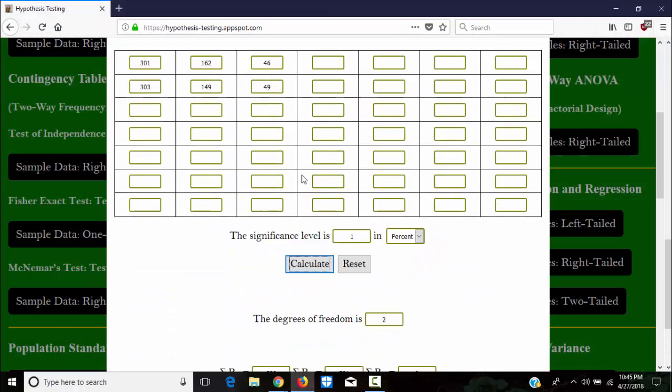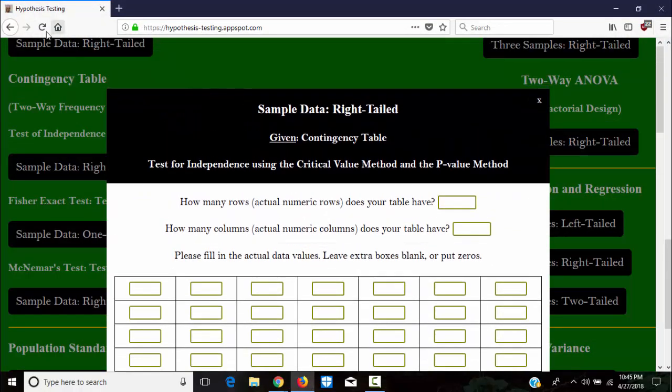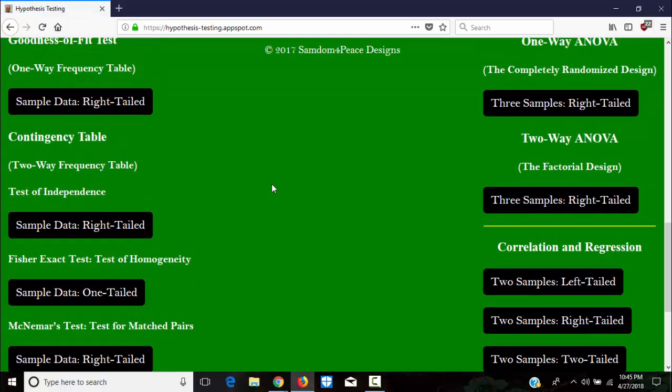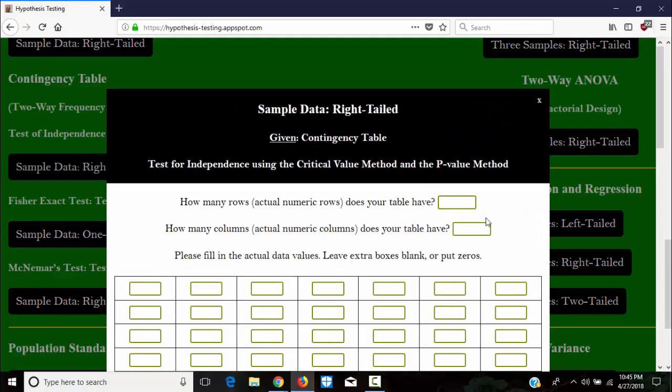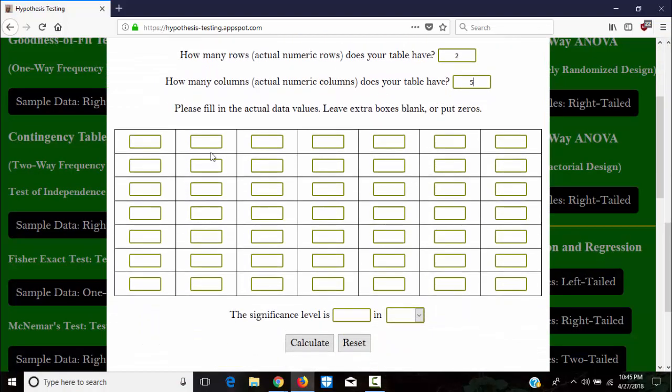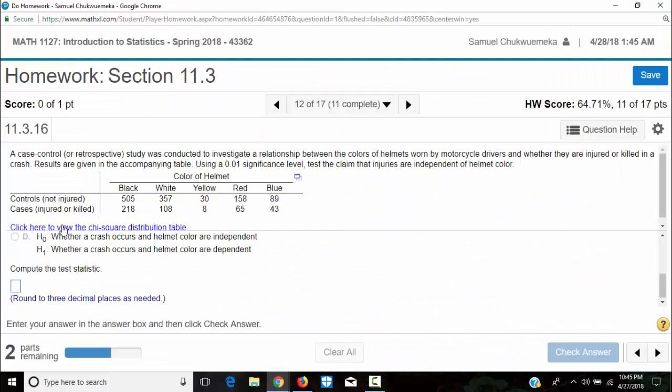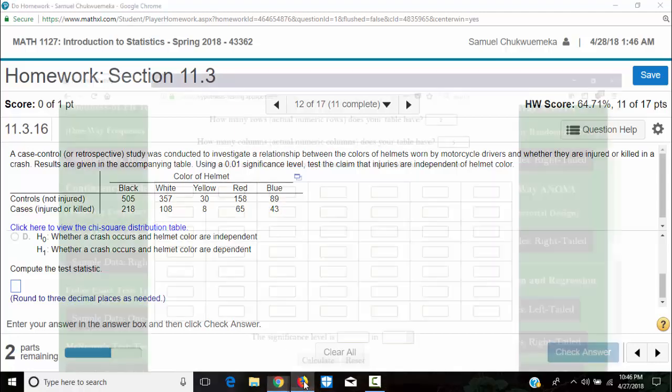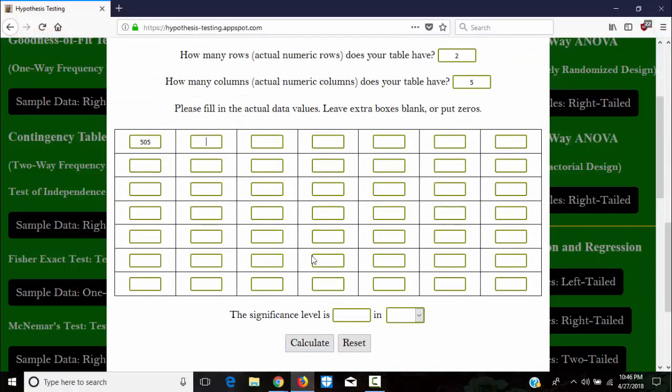Okay, so here we reset and refresh. 2 by 5, so 2 rows, 5 columns. 505, 357, 30, 158, 89.